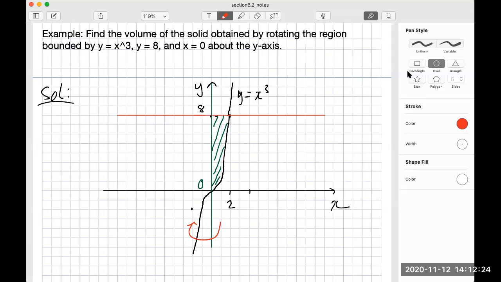Yeah, let me try it this way. When you rotate it about the axis, you see that this will create a circle, right?